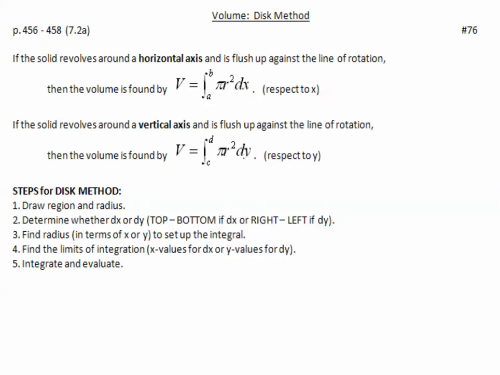In the disk method, we are adding up all of the slices. If each slice is a circle or a disk, and the area of a circle is pi r squared, and the volume of a solid is the area of a slice of the solid times the height, or the third dimension.